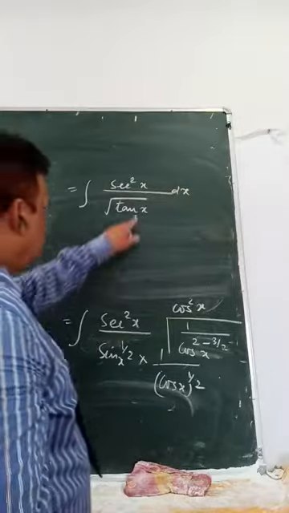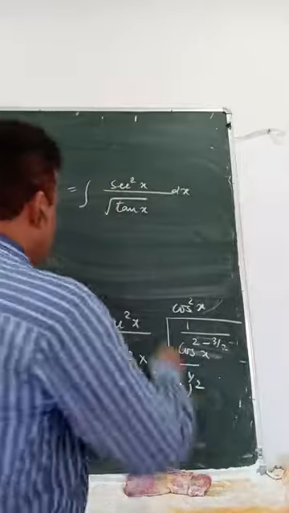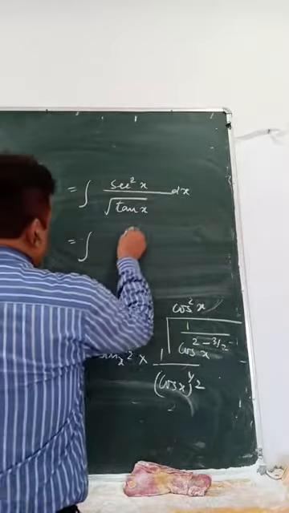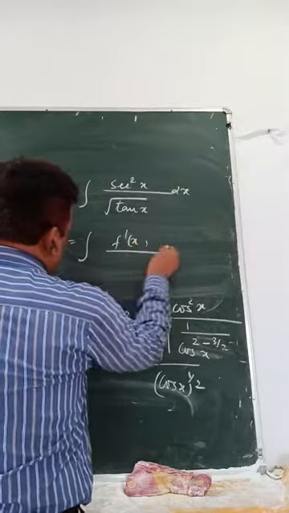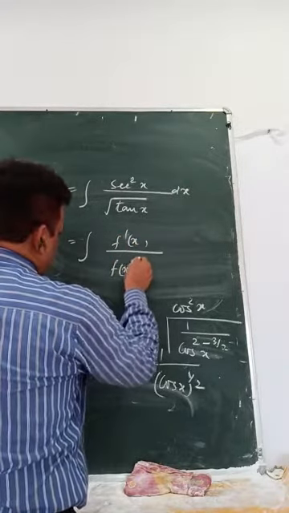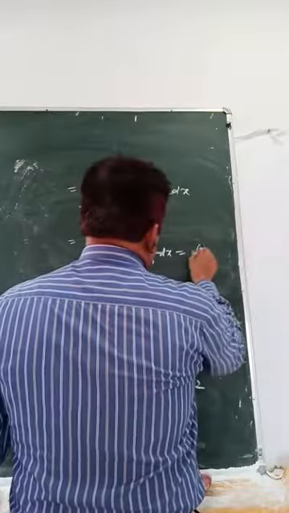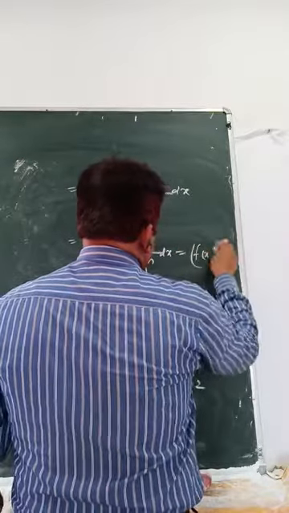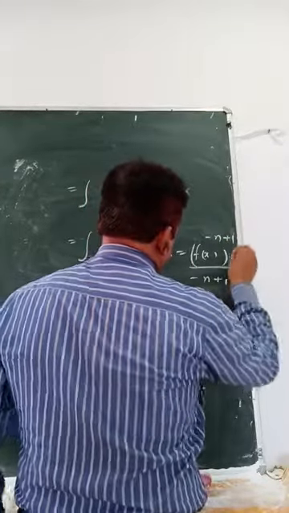Now check, the derivative of tan x is sec square x. Which formula? The formula is f dash x by f x to the power n, the integral is f x to the power minus n plus 1 by minus n plus 1.